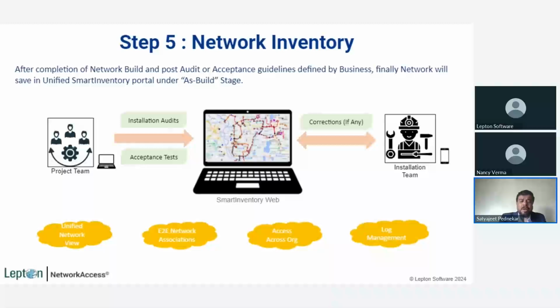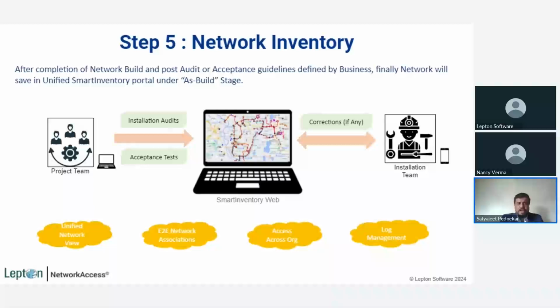Then after those changes are revised, the final network gets stored in the smart inventory under the network inventory. This final network is useful for the business team, the planning team, and any team in the organization to get access to the final network, which is ready for service.